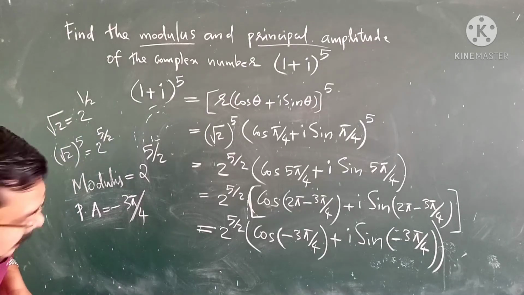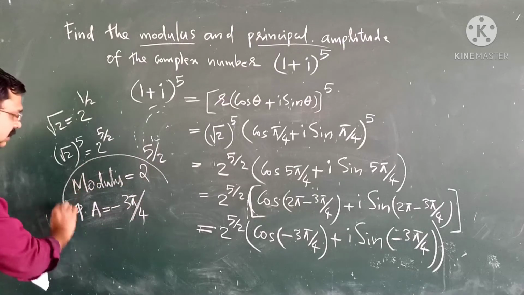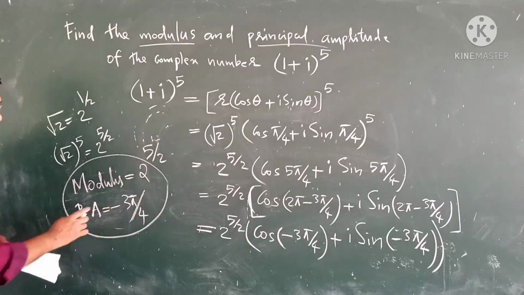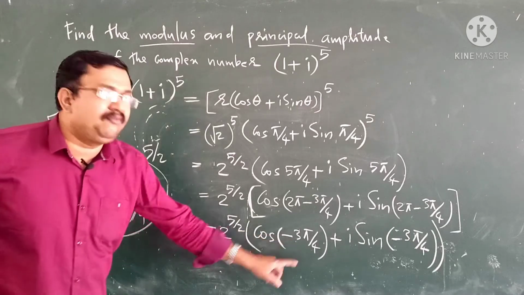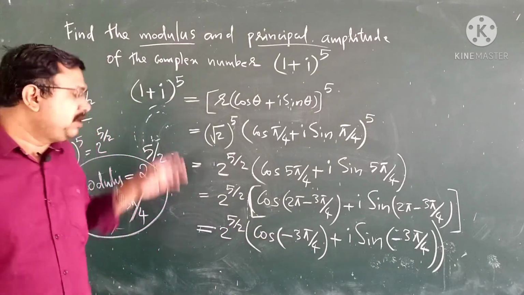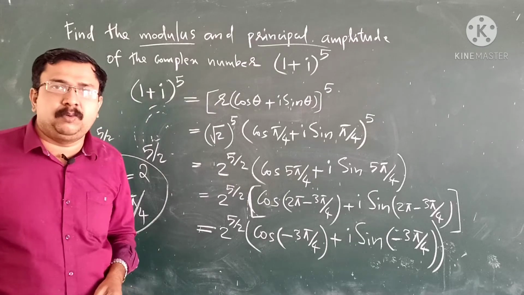That is our final answer. Listen, modulus is 2 raised to 5 by 2 and principal amplitude is minus 3 pi by 4. That is our final answer. Please write it down in your notebook.